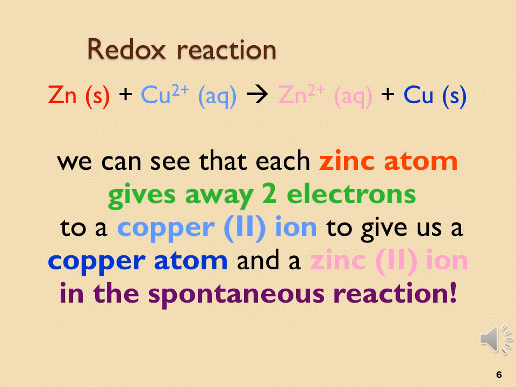Redox reaction is a word coined from reduction oxidation reaction. We can see that each zinc atom gives away 2 electrons to a copper ion to give us a copper atom and zinc 2+ ion in the spontaneous reaction shown in the diagram above.